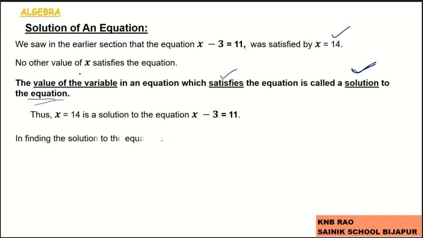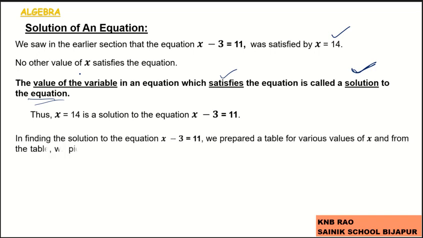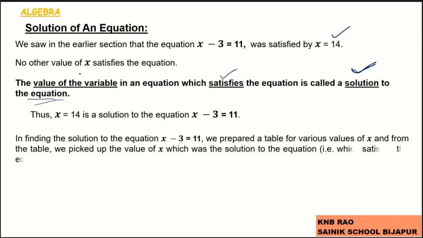Further, in finding the solution of x minus 3 equals 11, we prepared a vertical table for various values of x, and we picked up the value of x which satisfies the equation, which was the solution.